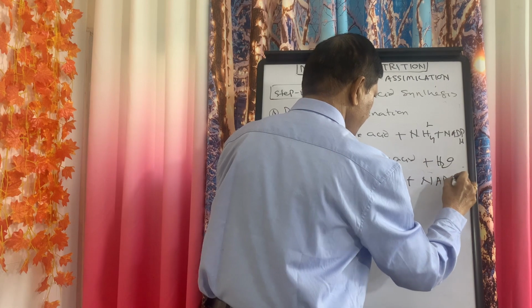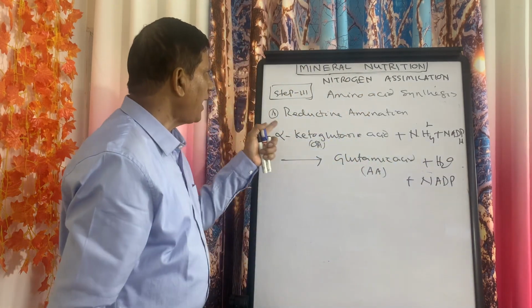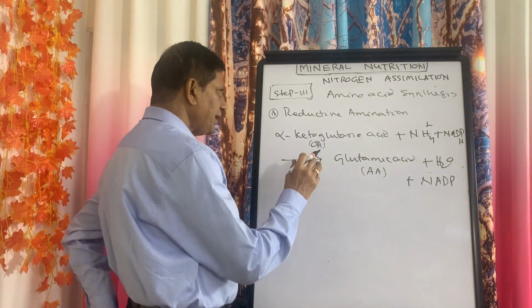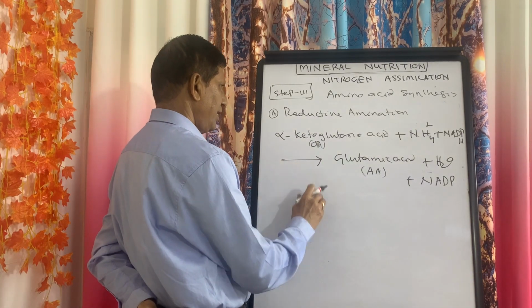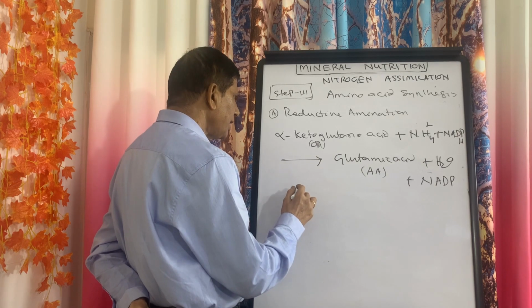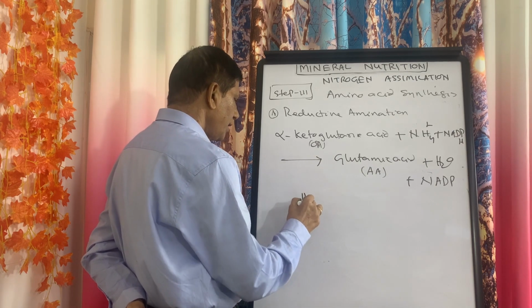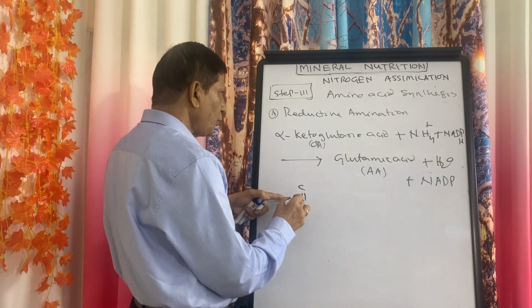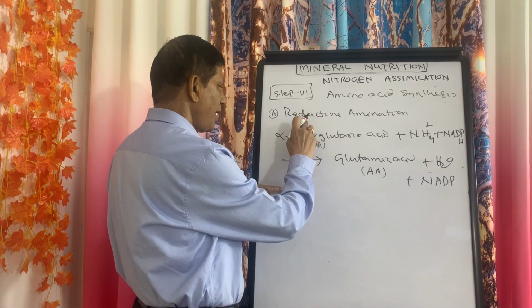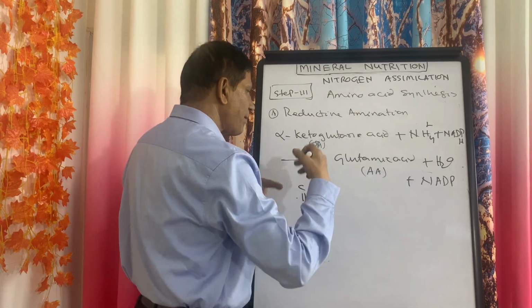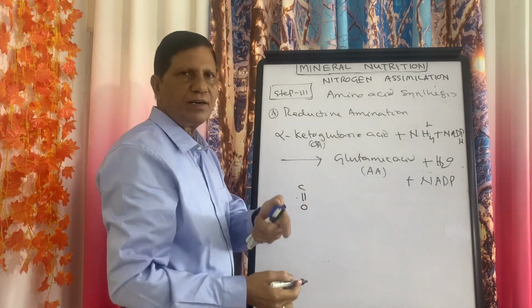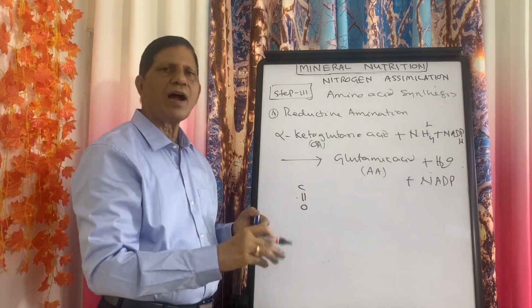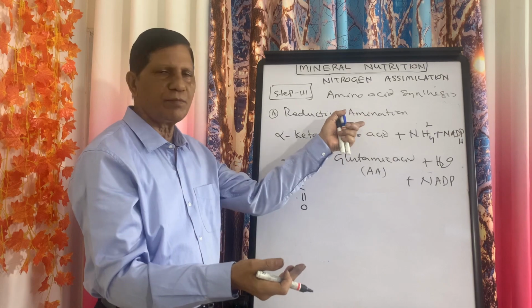Now, why is it known as reductive amination? Because in the organic acid there is a carboxyl group. So this carboxyl group is reduced, and there is amination of the organic acid. That means the reduction of the carboxyl group and also the amination of the organic acid.